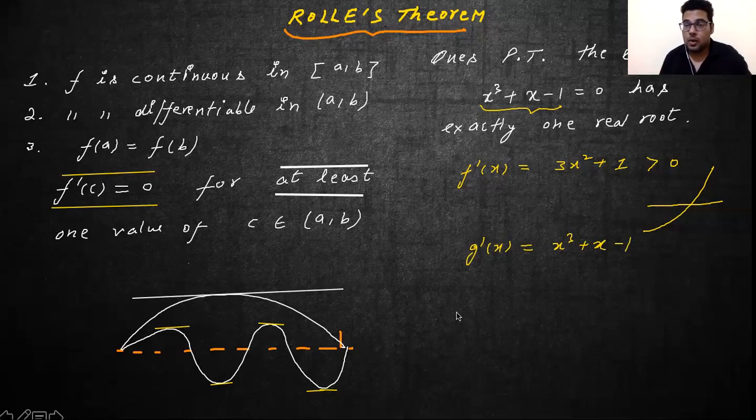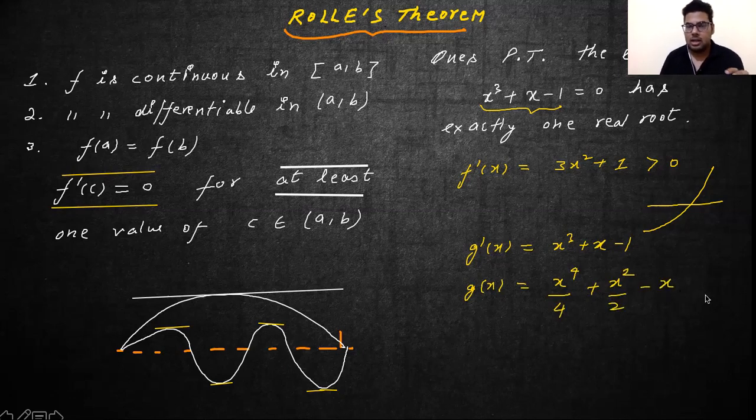Now, if you want to find the function, you will have to integrate this. So g of x equals x raised to the power 4 by 4 plus x square by 2 minus x, right? And regarding the constant, you can add it if required, because you can take the function according to yourself.